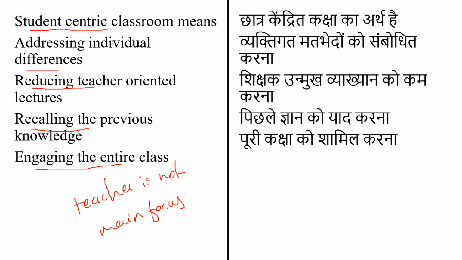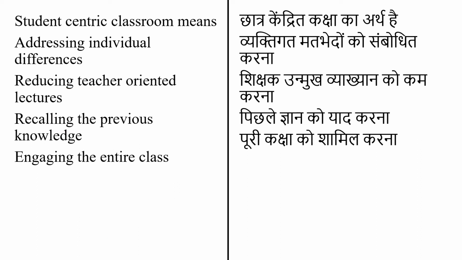So in the student centric we are talking only about the students. Okay, we are only talking about the learner. The more importance is given to the learner. So here the correct answer is option number A, that is student centric classroom means addressing the individual differences.